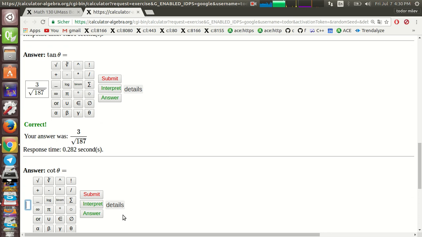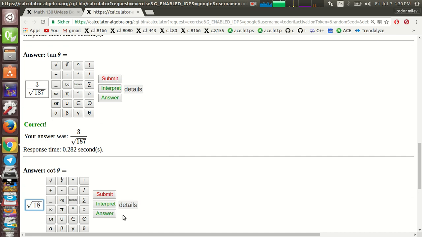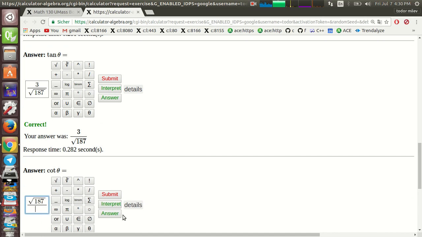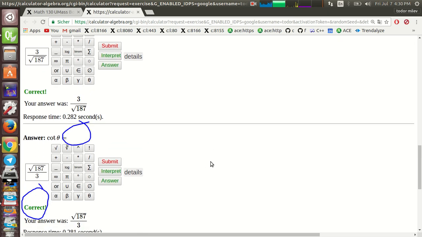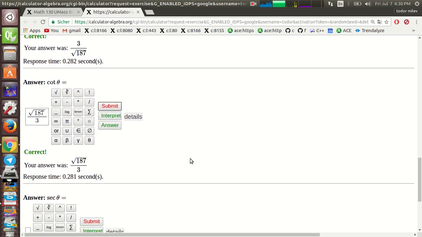Now cotangent of theta, well, that's 1 over tangent of theta, right? So a radical of 187 divided by 3, so I just took that number and flipped the denominator and the numerator, and there we go, my answer is correct.